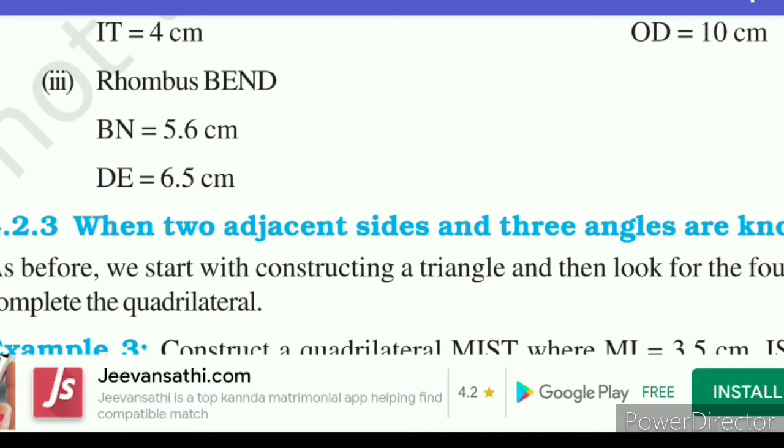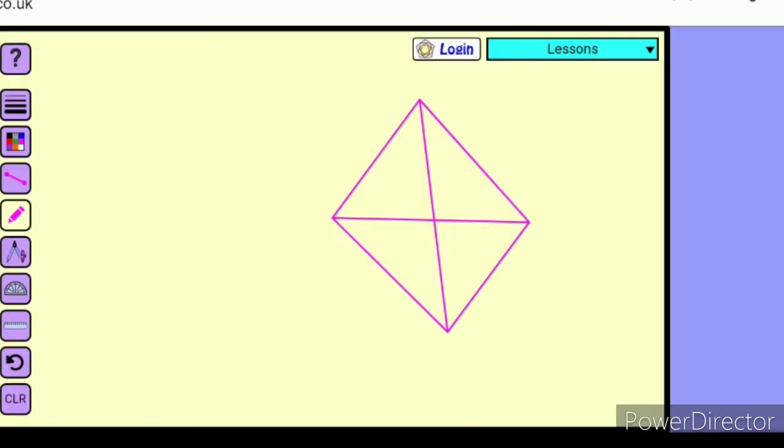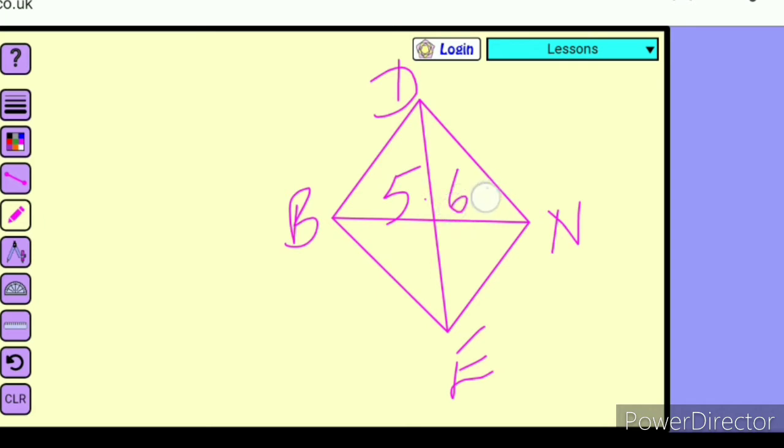BN 5.6, DE 6.5. First we will name it BEND. BN 5.6 centimeter.